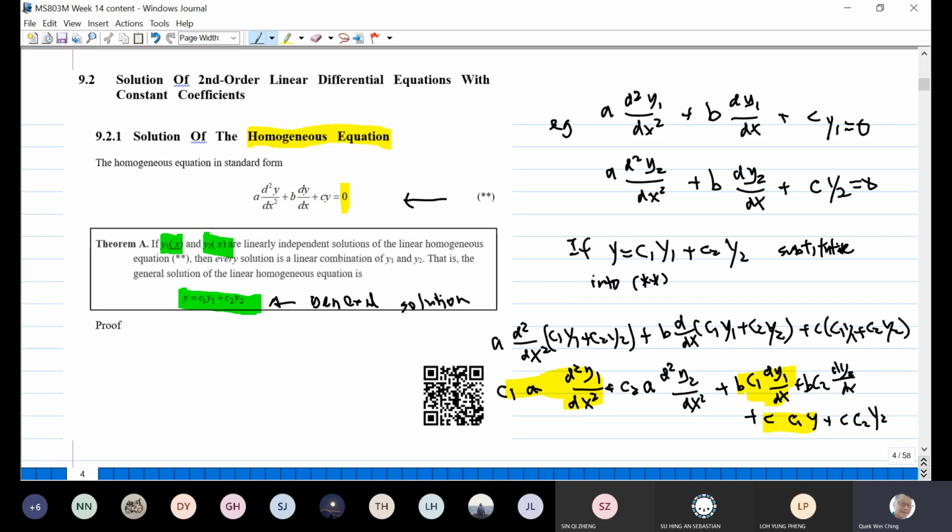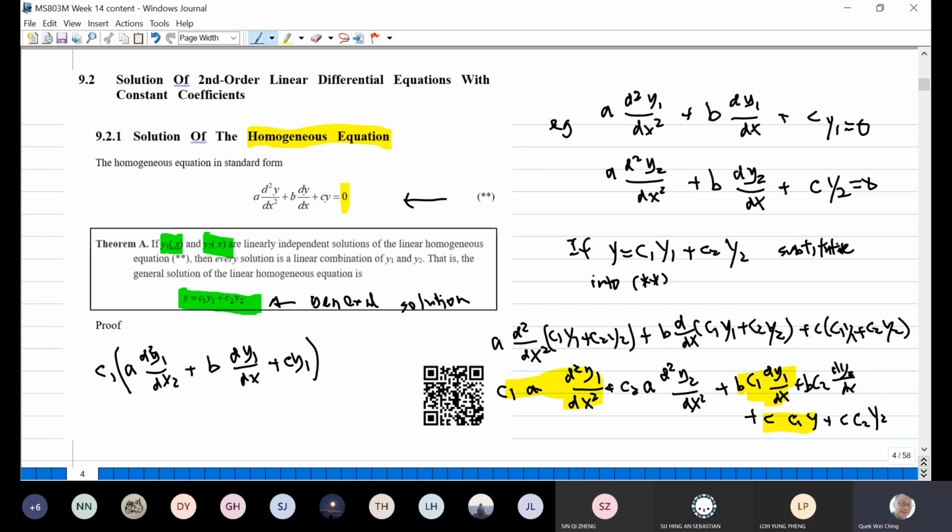I have c1 times a d2y1 over dx squared as the first term, then plus b dy1 over dx, and the last term is c y1.